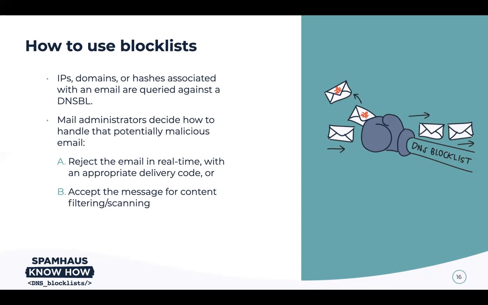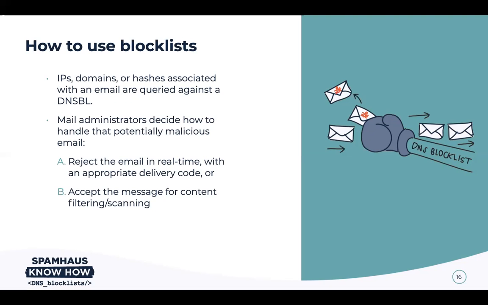Obviously, what you then do with that really depends on how you configure the use of the data locally. We built our data with the idea that it should be safe enough to reject on just the fact that it's listed. So you issue a rejection in line, and the sender gets an appropriate rejection code.